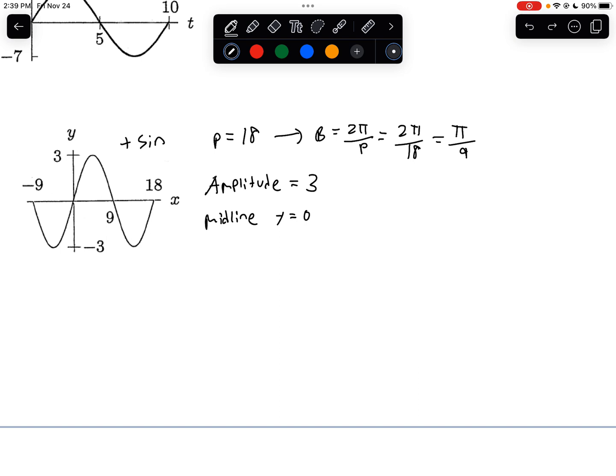So then your function here, we said it was a positive sine function. The amplitude is 3. So we have 3 sine b, which is pi over 9, times t, plus 0, because the midline value is 0. So this is 3 sine pi over 9 times t.